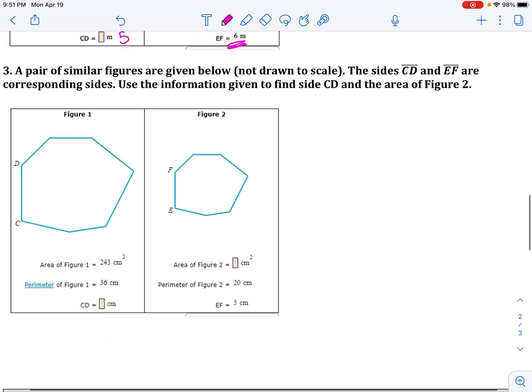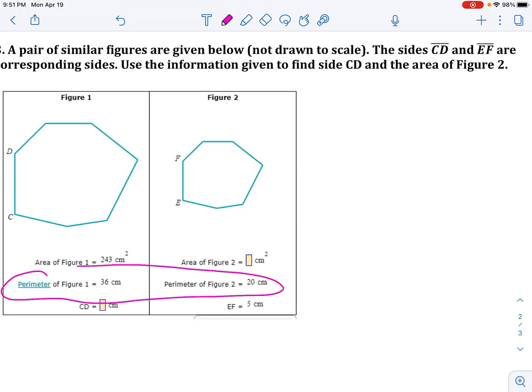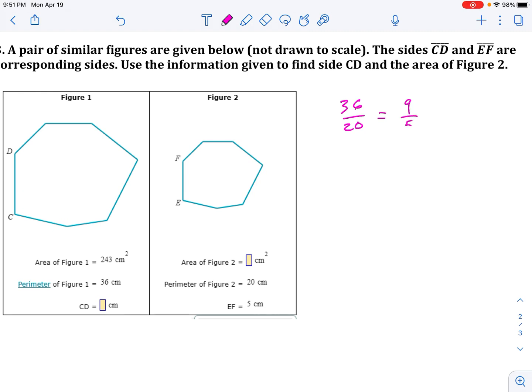Okay, number 3. What are they giving us this time? They're giving us our perimeter again. So that's our perimeter ratio. If we were to simplify that as a fraction, 36 over 20, for example, we would get 9 over 5, I believe.